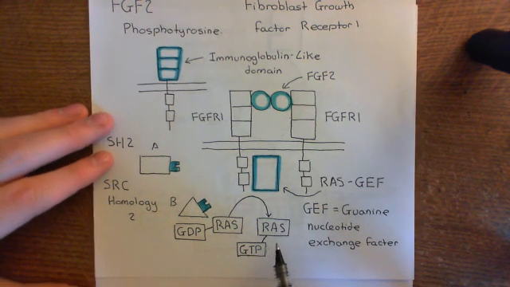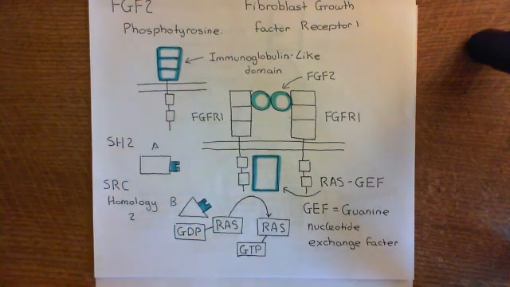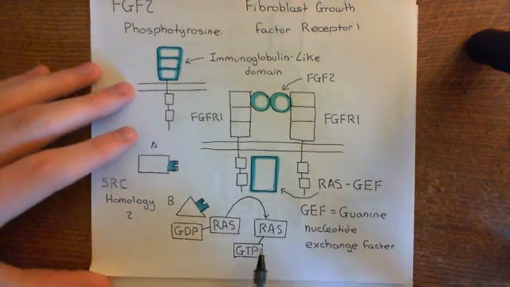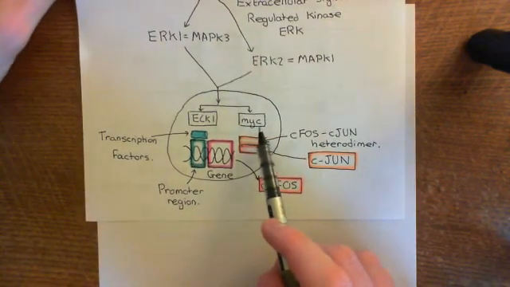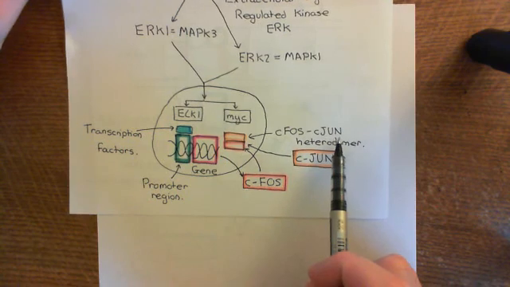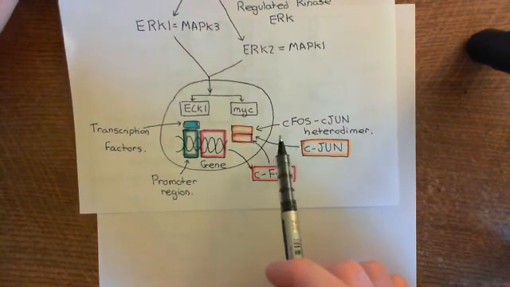That Ras protein then activates a series of serine threonine kinase enzymes, which leads to the overall activation of 2 transcription factors, MYC and c-Fos/c-Jun. And we've said we're going to look at these transcription factors and what they do later.